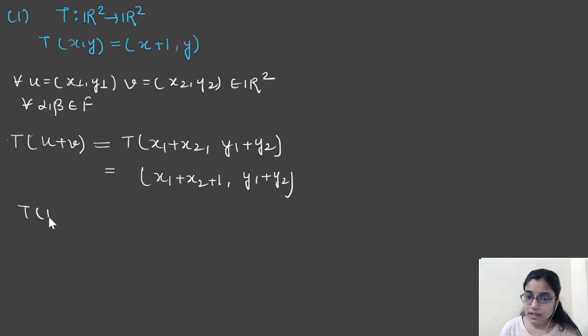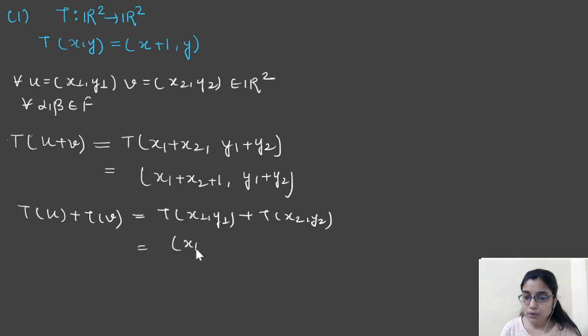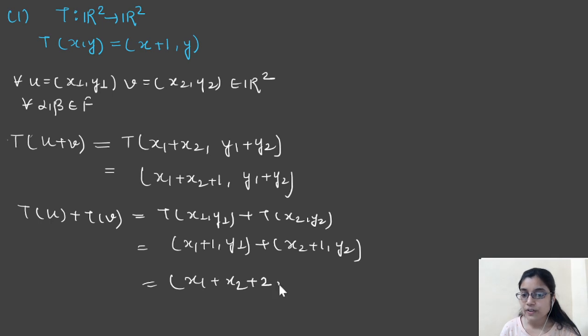Now if we evaluate T of u plus T of v, that is our RHS part. So this is T of (x1, y1) plus T of (x2, y2). Now this (x1, y1) is mapped to where? (x1 plus 1, y1) plus (x2 plus 1, y2). Now what will it be? x1 plus x2 plus 2 we got, and here we are getting y1 plus y2.